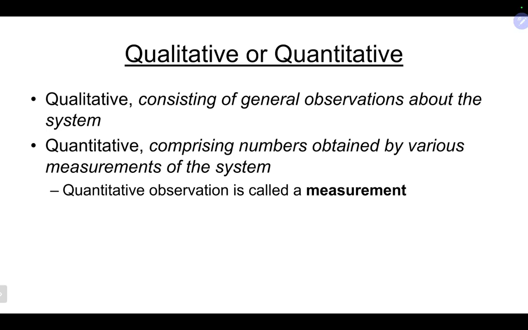Quantitative is basically measurements, comprised of values, numbers, and measurements. So whenever you take any type of measurement, you are doing quantitative work. When you're taking observations, like I mentioned before, colors, what you observe happening, nothing a direct measurement of, but just really observing the system as it's changing, those are, again, more qualitative evaluations that you're making.